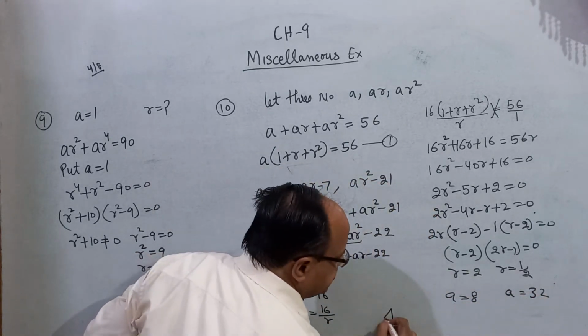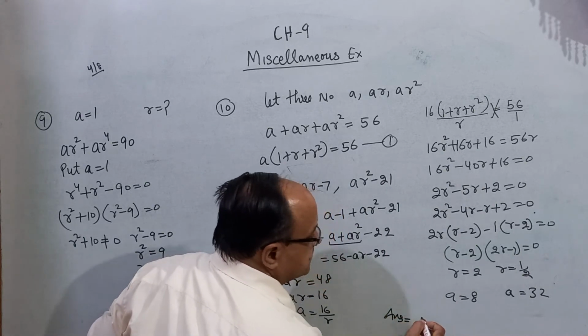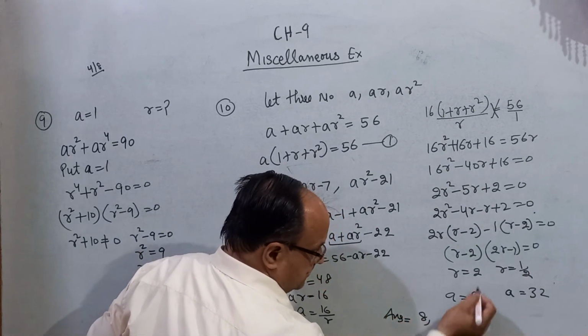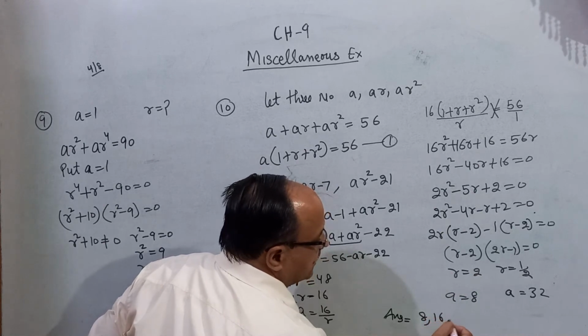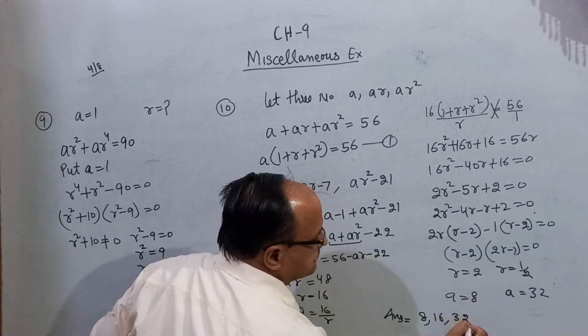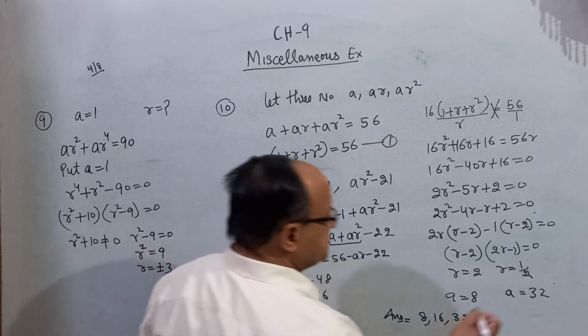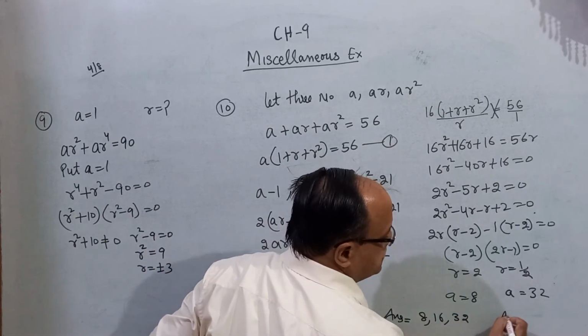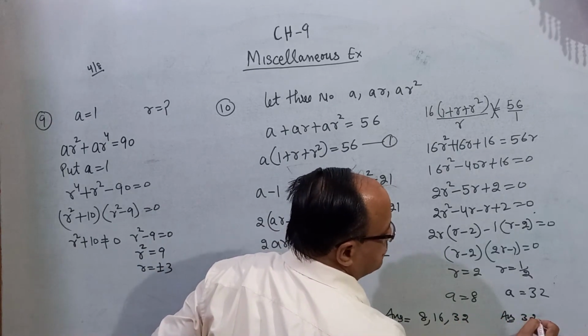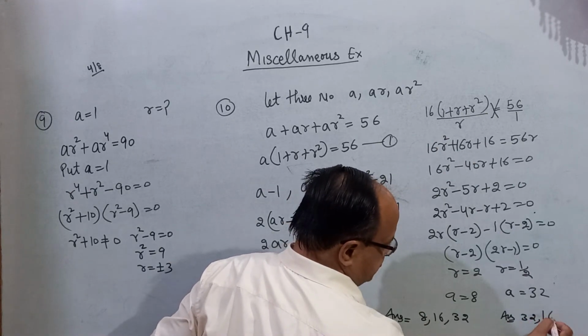And your answer is what? A, AR, AR square, that is 32, 16 and 8.